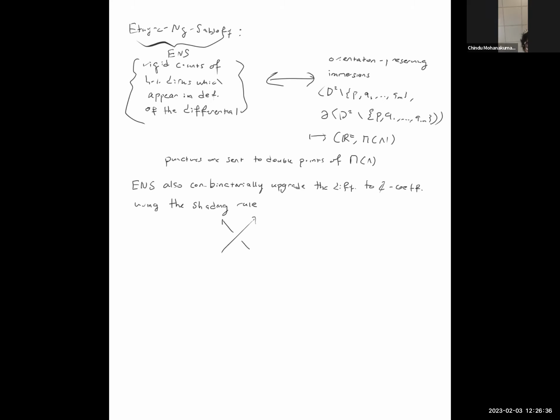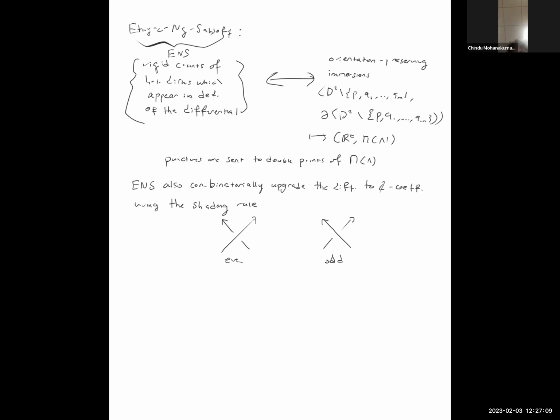Here I have an evenly graded double point. And here I have an oddly graded double point. I haven't told you how these Reeb chords are graded yet, but take it on faith that this is an evenly graded Reeb chord and that's an oddly graded Reeb chord. And the arrows that I drew are determined by an a priori orientation that I put on my Legendrian. Of course, whether these chords are even or odd doesn't depend on the orientation. I could flip both around and it would still be even and odd.